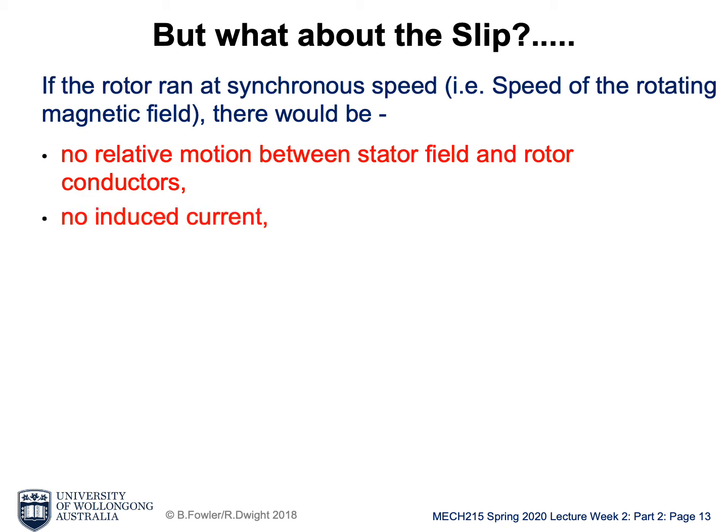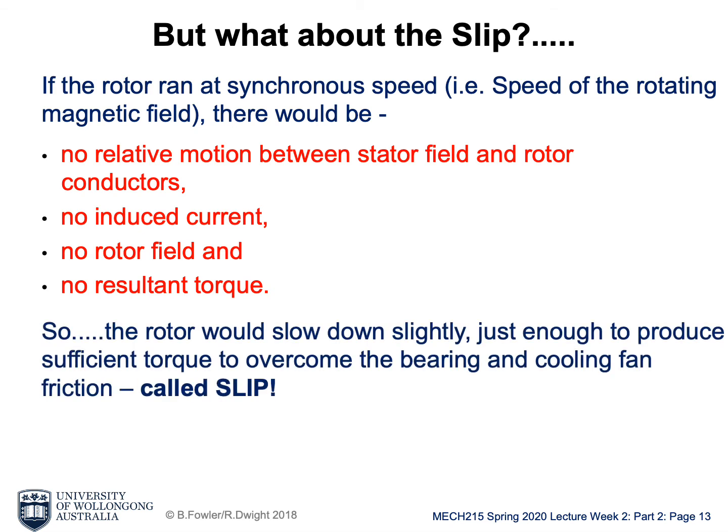Then the rotor will have no induced current, so there's no torque on the rotor, and the rotor will slow down. So the balance point is where the speed of the rotor is slightly slower than the stator magnetic field. This difference is called slip.